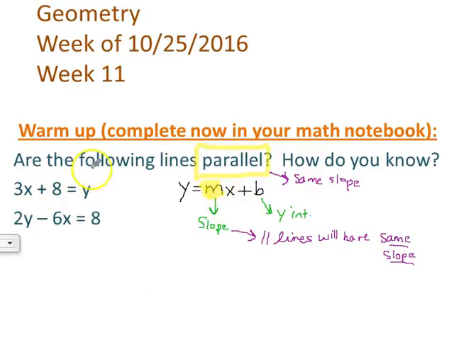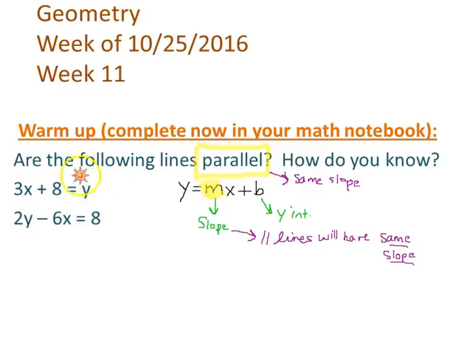So in order to compare the slopes, we need to get the equations into slope-intercept form, or get y all alone on one side of the equation and then have this mx plus b on the other side of the equation. If we look at the first equation, 3x plus 8 equals y, that's already in slope-intercept form.